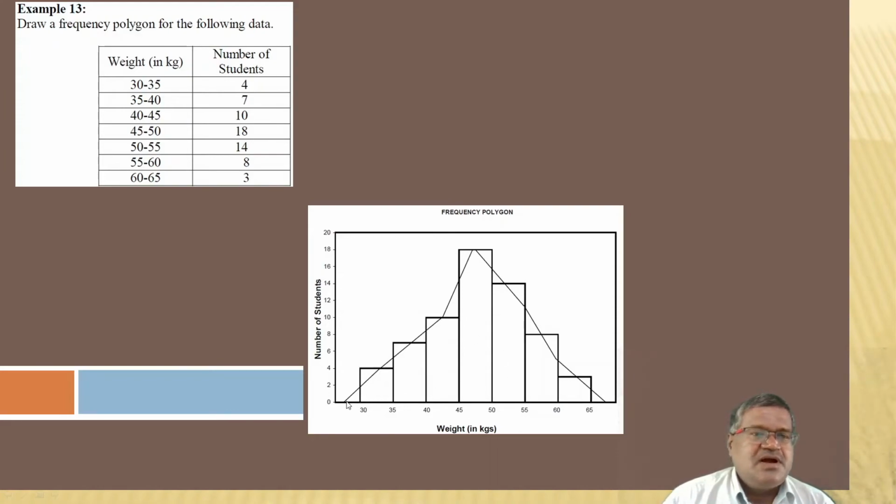Just identify the midpoints of the bars of histogram. By using the histogram, we can find mode directly without using calculations. Directly we can identify the mode by using the histogram. The midpoints of the histogram joined give us the frequency polygon.